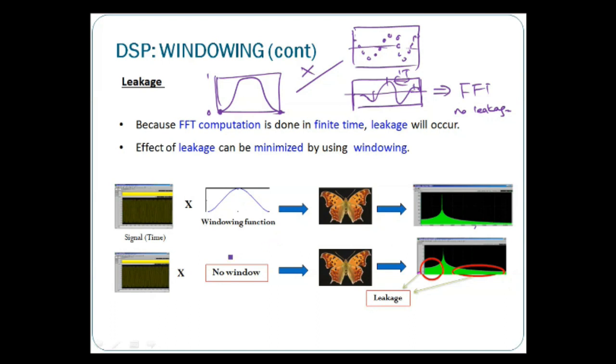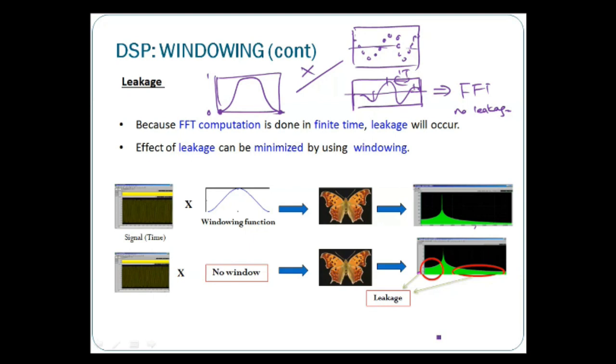If you see your signal with windowing functions through the FFT, you will see it is correctly represented with one sharp peak here. If without a window, it doesn't start and end at 0, you have this signal leakage.